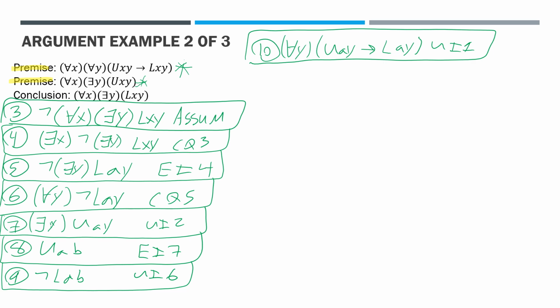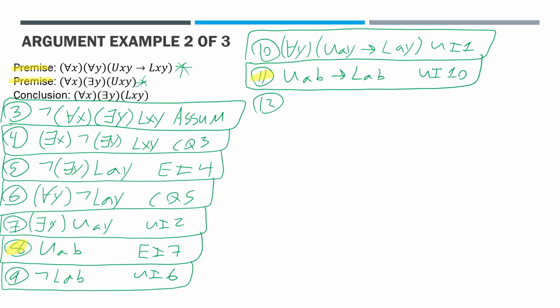And then, because we have to move step by step, we'll do another instantiation, but this time for the variable y. For 11, we can then get UAB, arrow, LAB, by the universal instantiation of line 10. Notice lines 8 and 11. We can do a modus ponens inference.